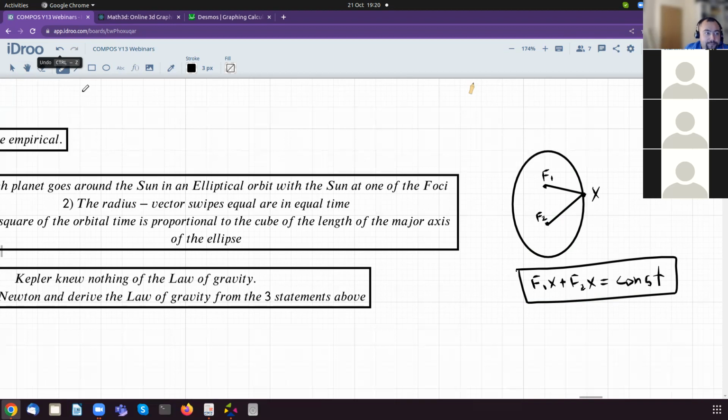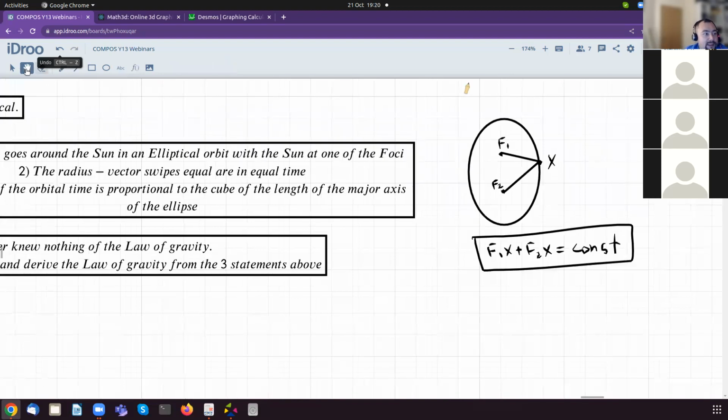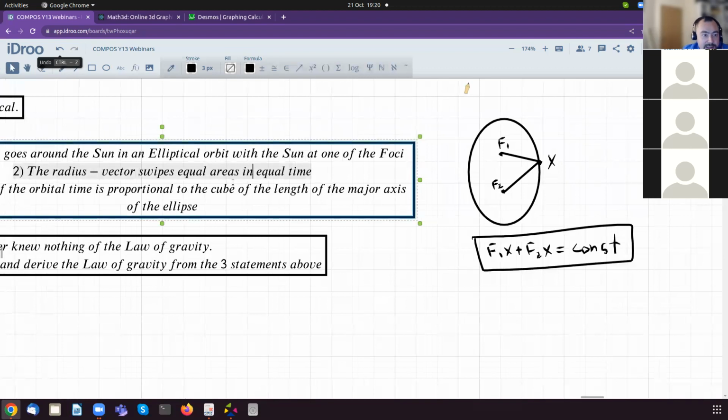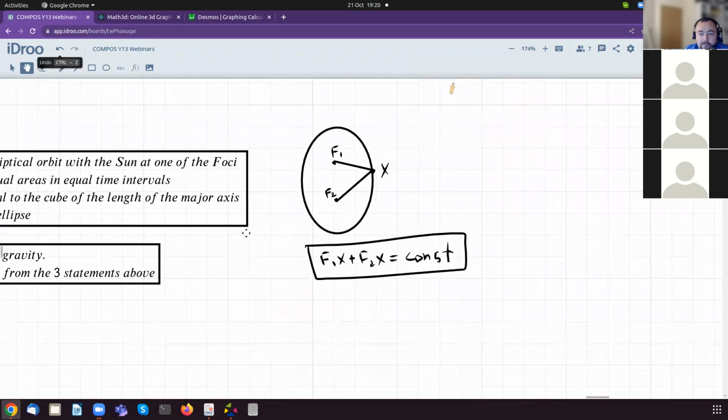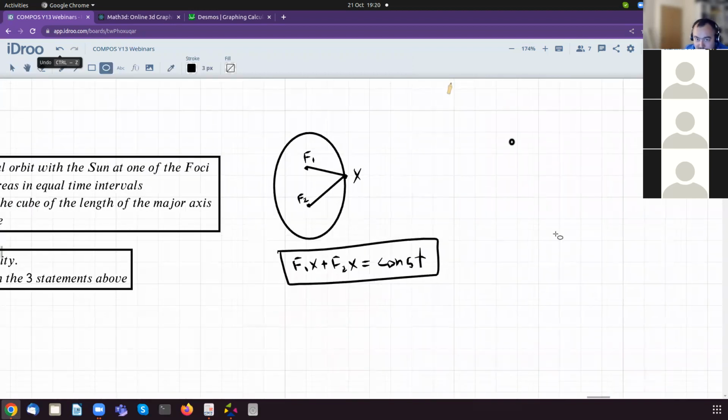Secondly, the radius vector swipes equal area in equal time intervals. Equal areas in equal time intervals. What does that mean? And this is purely by observation.